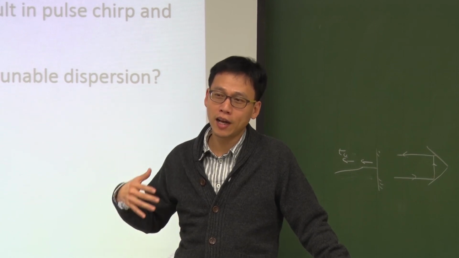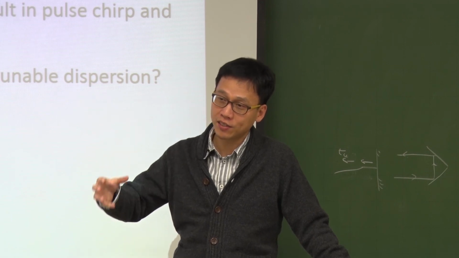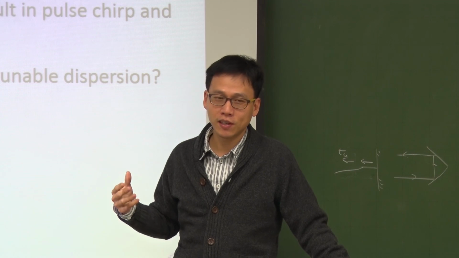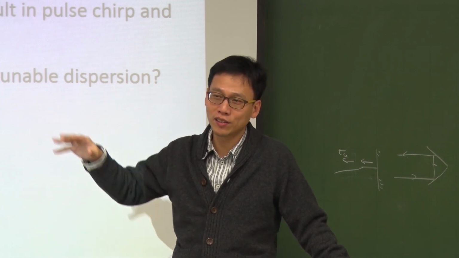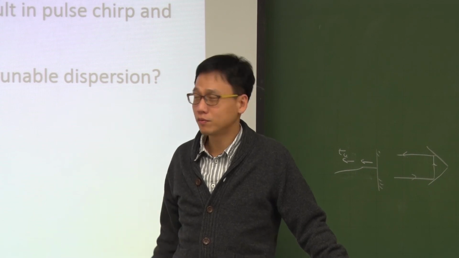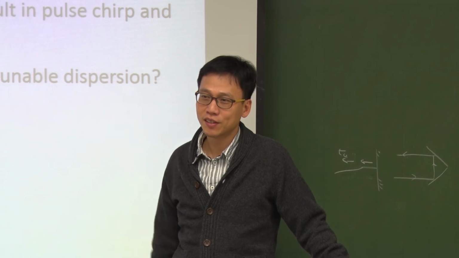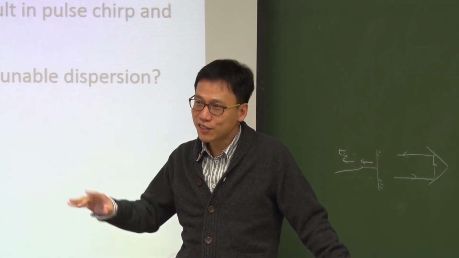Grating is based on diffraction, right? Although you can rely on your design to purposely enhance a specific diffraction order, that's not perfect. Some percentage of power will be wasted in other unwanted diffraction orders. So your efficiency cannot be very high compared with chirp mirror. You see the data, chirp mirror can be 90-something percent.